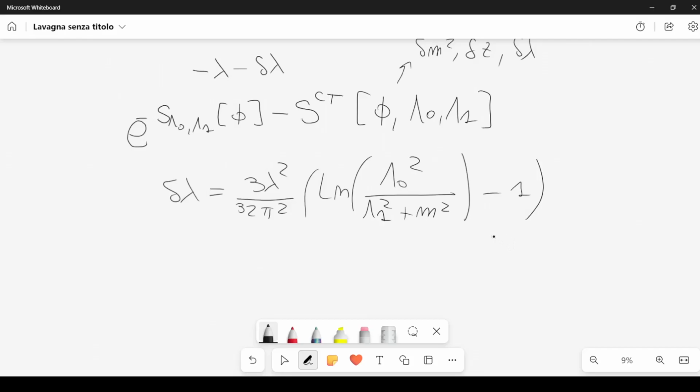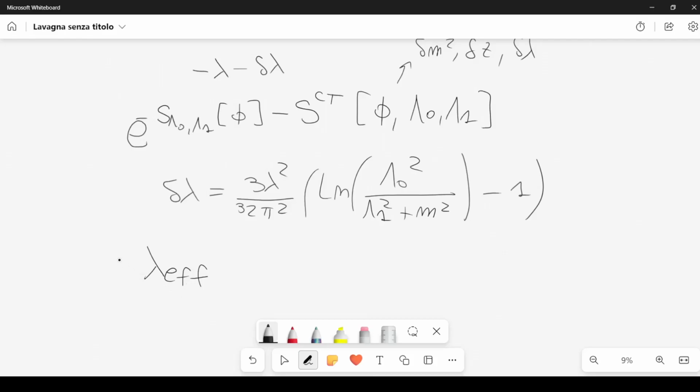We have to choose it in such a way that the limits that we take will be finite. And so what we want to define is a new coupling, which is the effective lambda. So this effective lambda will be the parameter that arises when we consider also the quantum corrections.